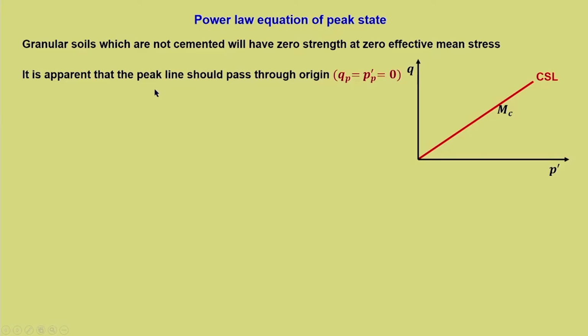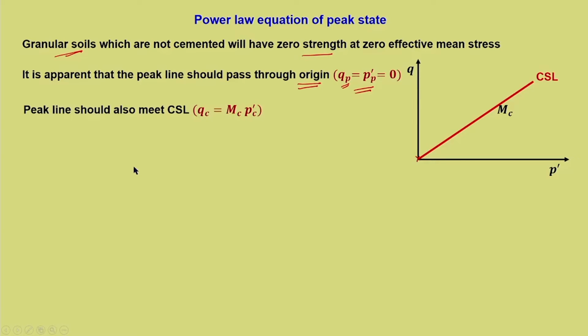It is apparent that the peak line should pass through origin for this particular case, where there is 0 strength, then it has to pass through the origin, where QP, that means Q on the peak line, and P dash P, P dash on the peak line, will be equal to 0. So, it has to move through the origin.